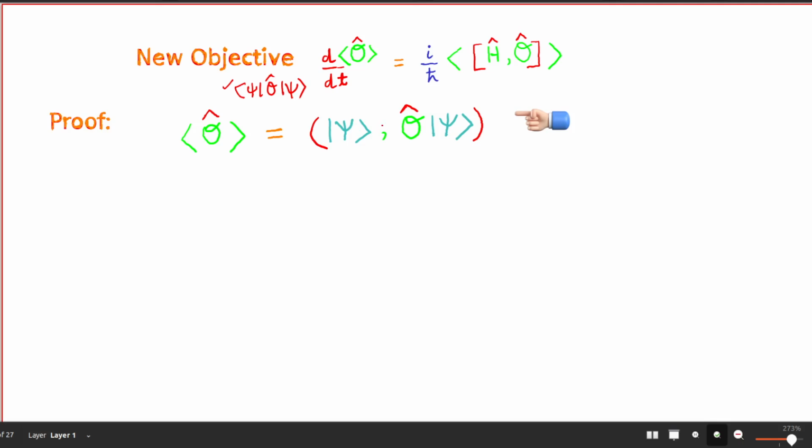However, in some situations, for example when taking derivatives, Dirac notation can be a bit confusing. So here I am using this more explicit notation for the expectation value.